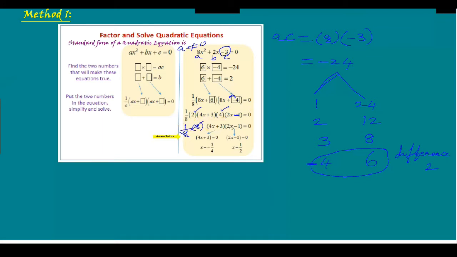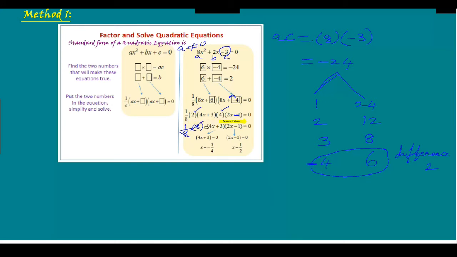Now we are left with the two factors. This is what is called factoring. So we got the two factors of the given quadratic: 4x plus 3, 2x minus 1 is equal to 0. Now using the zero property of product: if a product is 0, that means any one of them should be 0. Then only the product will be 0.